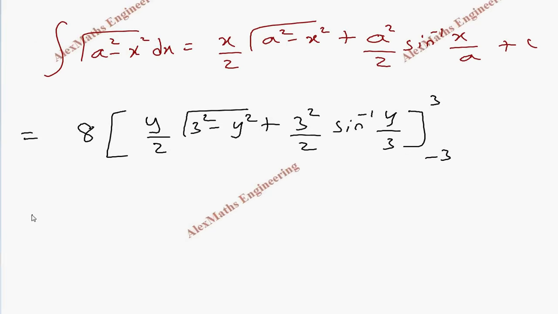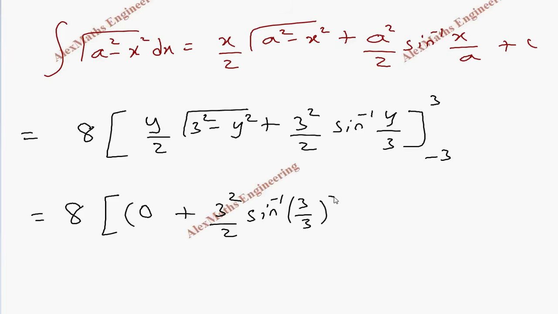When I put the upper limit, the first term becomes 0 and the second term becomes 3 square by 2 sin inverse 3 by 3. When I put the lower limit, again the first term becomes 0, then plus 3 square by 2 sin inverse of minus 3 by 3.